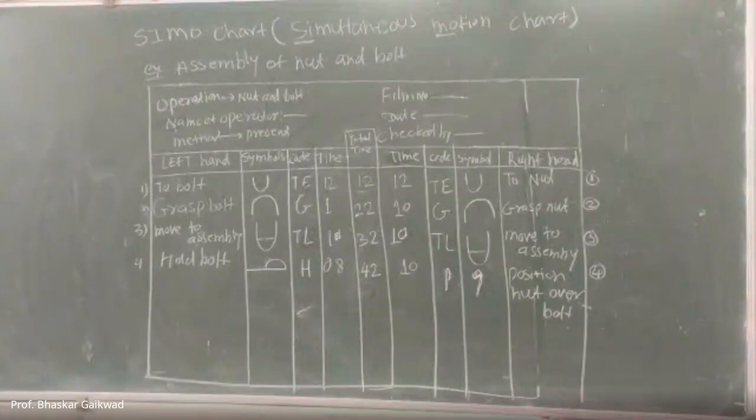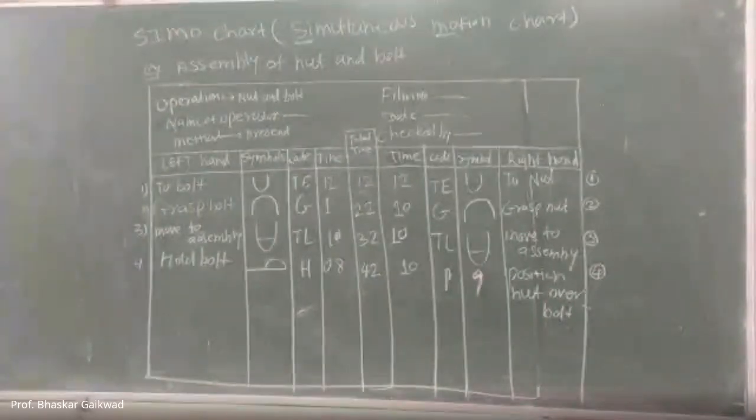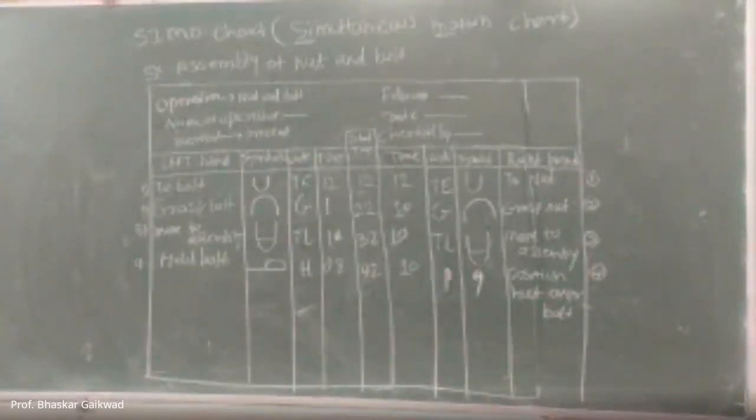Instead of 42, is it possible to make 35? Then which suggestion shall we give to the operators so that production cost will be less, assembly will be fast, efficiency and productivity will be more? So this is actually the importance of the CMO chart.